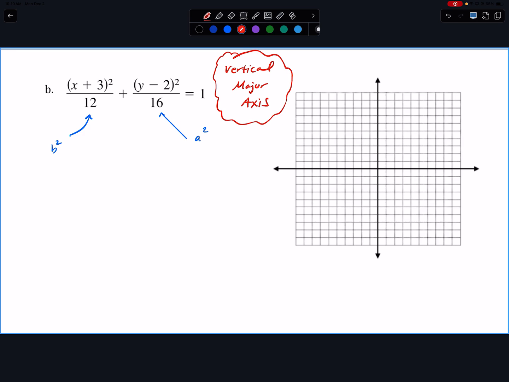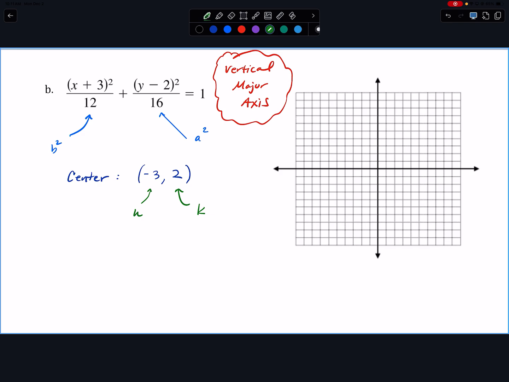What is the center? -3, comma 2. So that tells us that this is H and this is K.